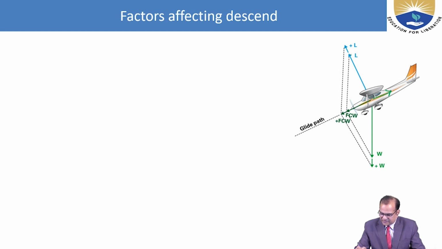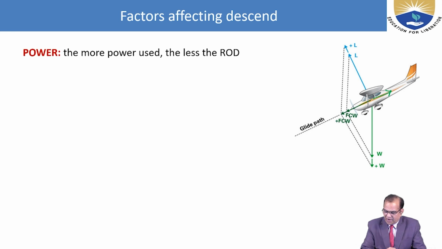Initially this is the lift, but it is the weight W, and this will generate some additional lift. So here the power, the more power used, the less the rate of descent. So if you want to reduce the rate of descent, more power is required.